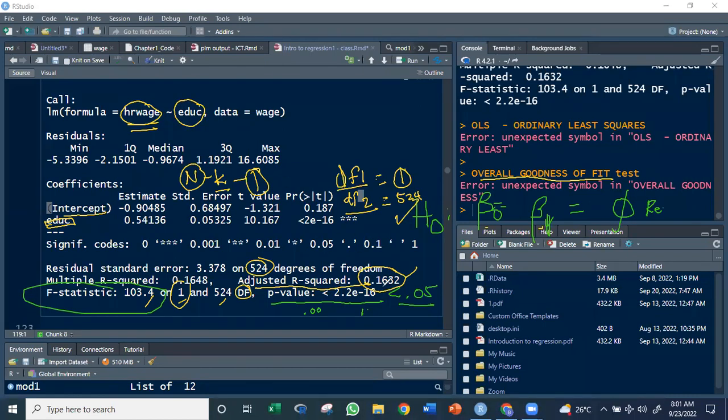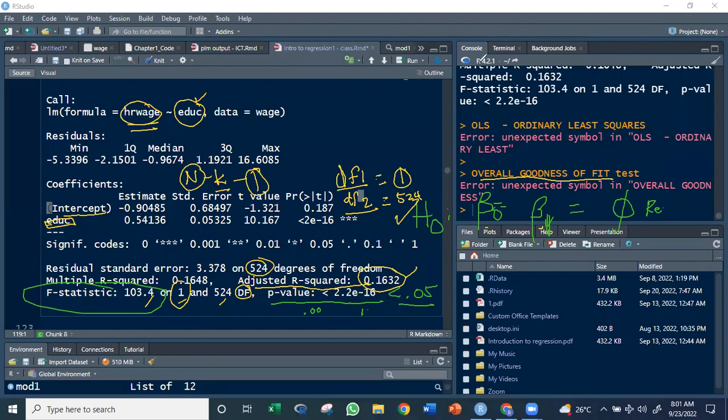So what happened to the other 83.68%? Well, it means that it can be explained by other variables and not education. Si education ang kaya niyang i-explain yung 16.32% lang.